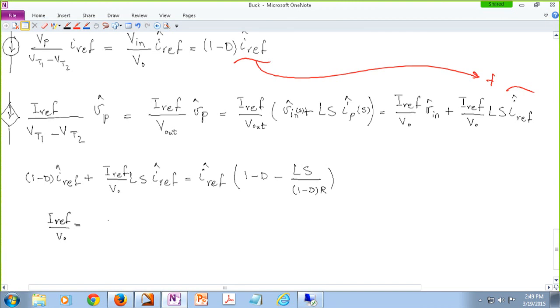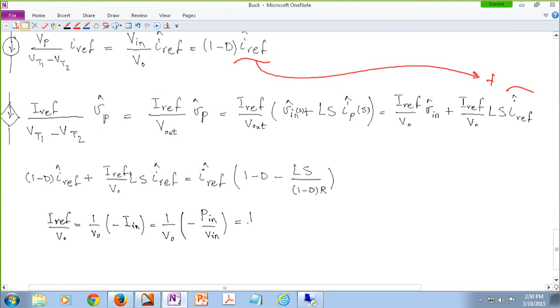Remember, the pole current is always flowing from left to right. At the same time, in the boost converter, it's kind of opposing the source current. So I can say it is 1 over V out times negative I in, or instead of the input current, I would say it's equivalent to the input power divided by the input voltage.